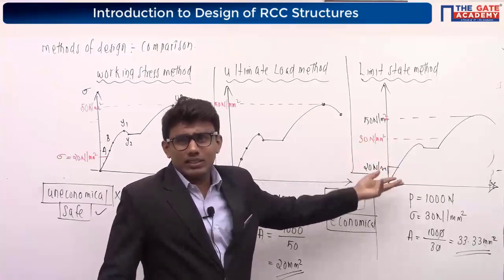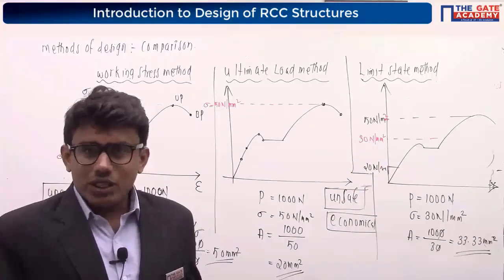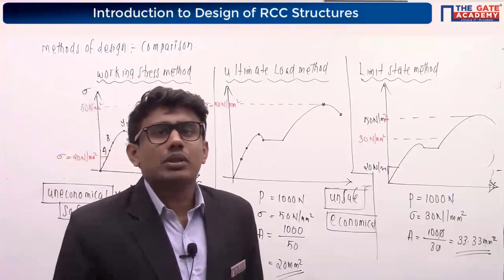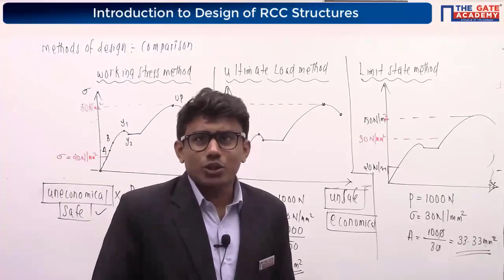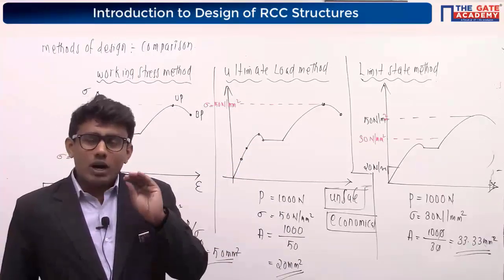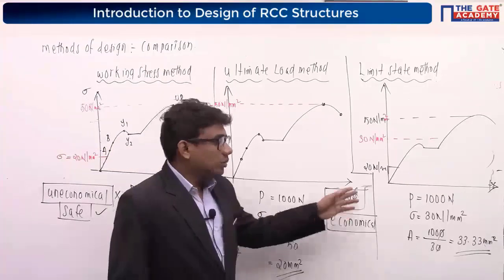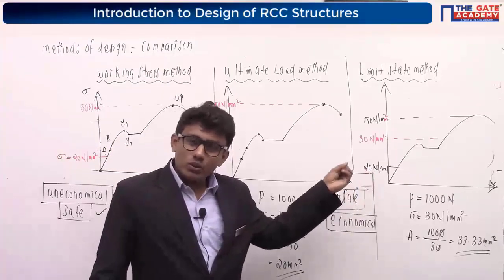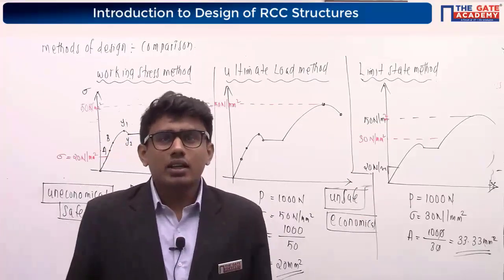I have taken one value just to explain what the limit state method is, and that the member I will be getting by using limit state method is safe and economical. That's the reason why I have taken 30. You can take 40 also, no issues. I'll discuss all those things; we are going to that. I wanted to make you understand that the structure I'll be getting by using limit state method is safe and economical. That's what I want to say. We are moving further.